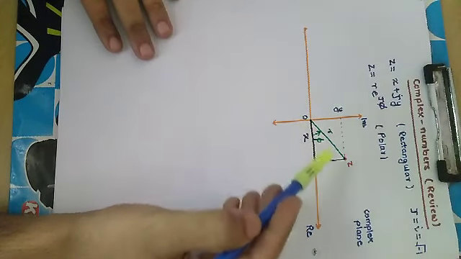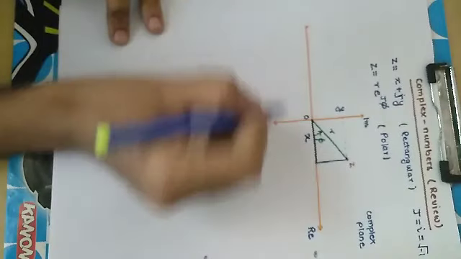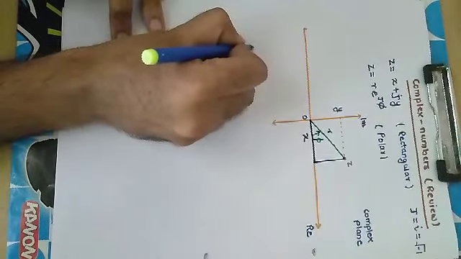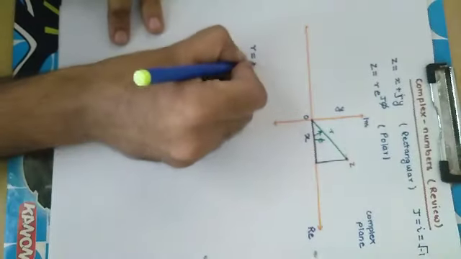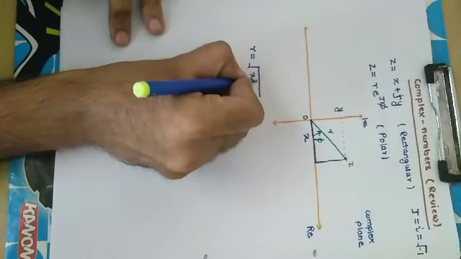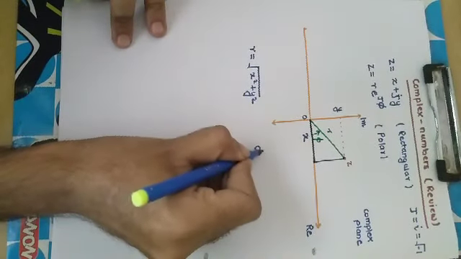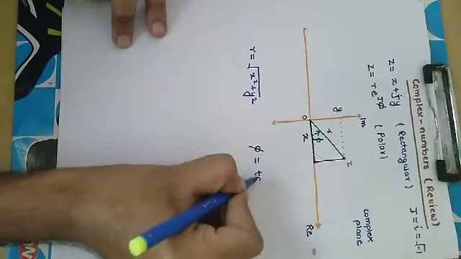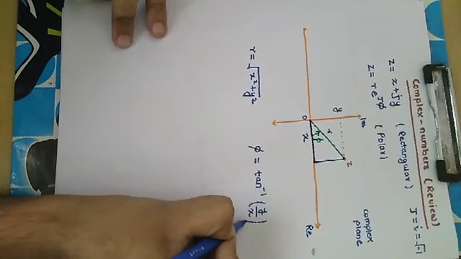Now what is the relation between r and x, y, and phi and x, y? By Pythagoras theorem, r would be root of x square plus y square, and phi is nothing but tan inverse y by x.